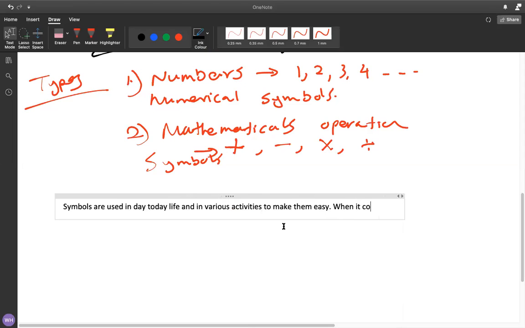When it comes to mathematics, we are using many different types of symbols.